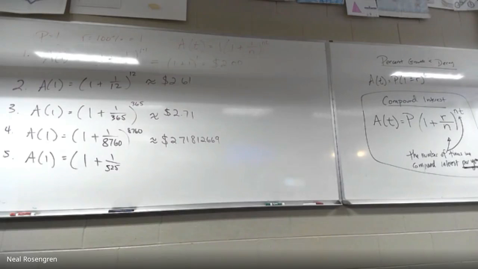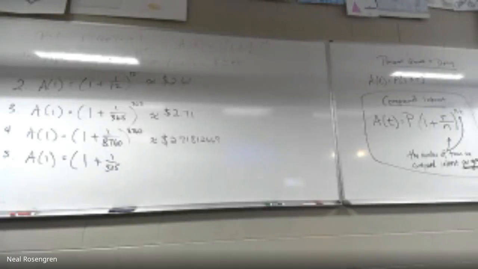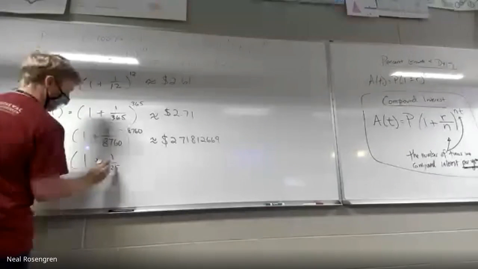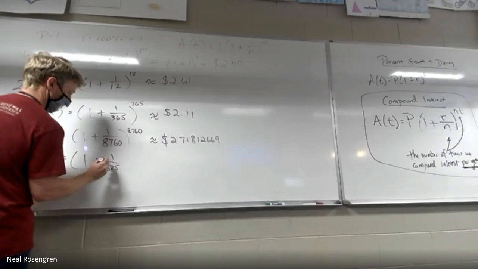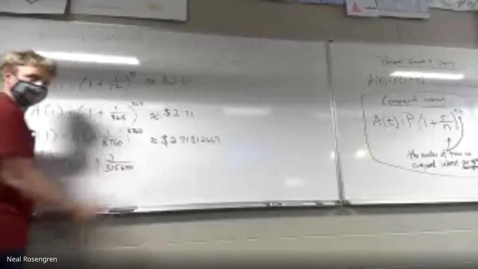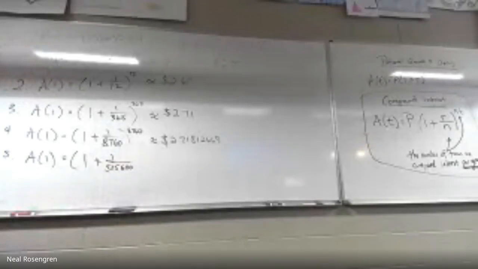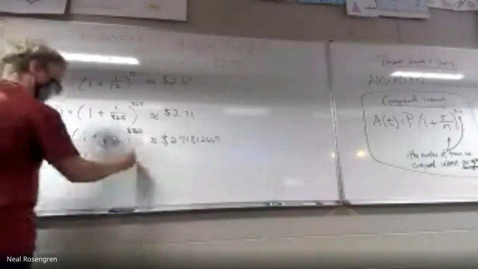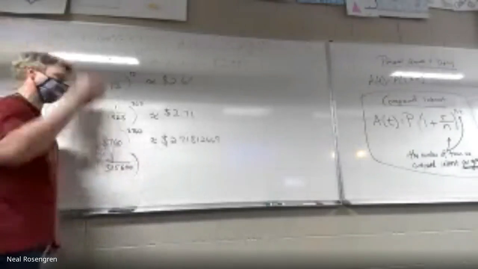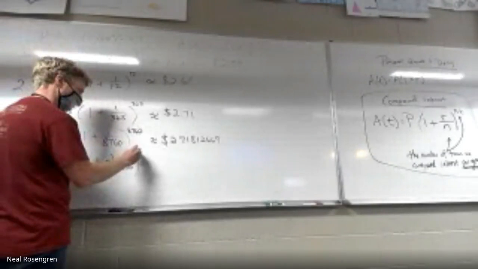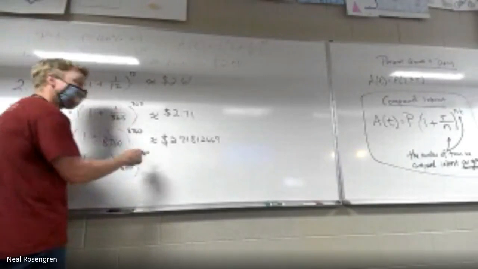So 365 days, times 24 hours in a day, times 60 minutes in an hour. It tells me how many minutes there are: 525,600. That's how many minutes there are in 1 year if we use 365.